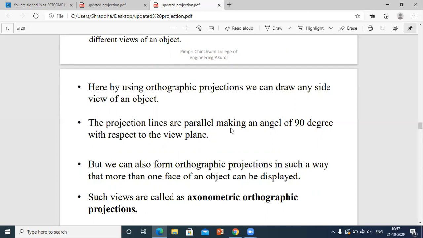Okay. The projection lines are parallel, making an angle of 90 degrees with respect to the view plane. Now over here it is a very important point. In orthographic projections, the lines are always parallel and make an angle of 90 degrees with respect to the view plane. But we can also form orthographic projections in such a way that more than one face of an object can be displayed.